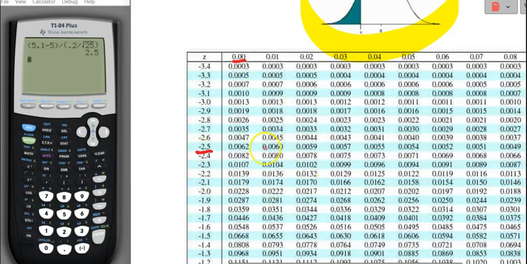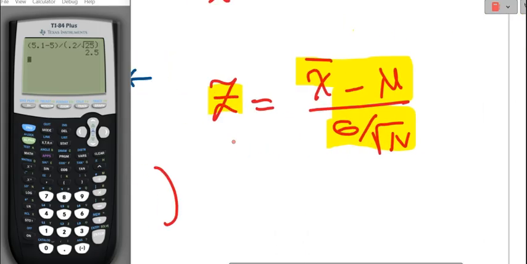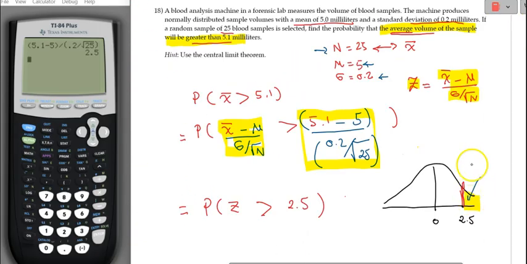So 2.50, and this is the number you are looking for, right? So 0.0062, right? So this area should be 0.0062, and therefore that is your answer as well, all right? And that's all.